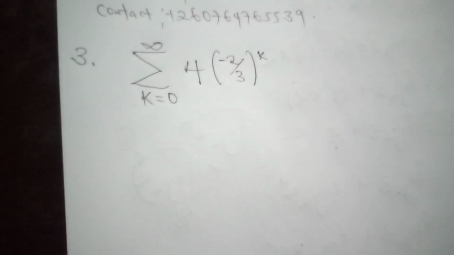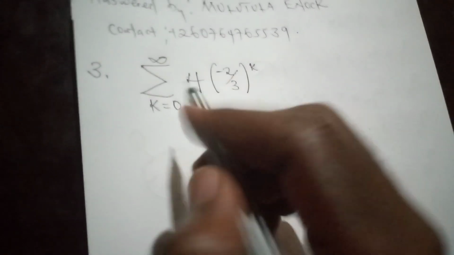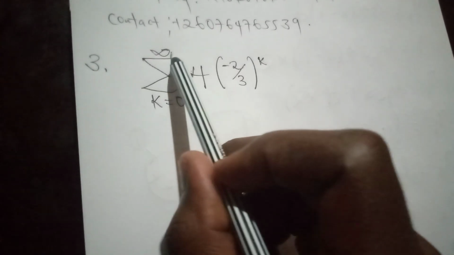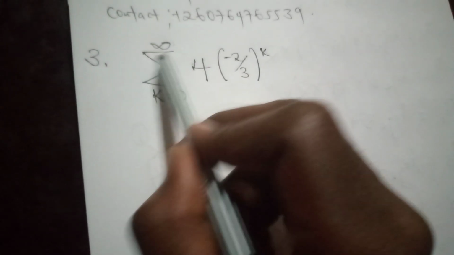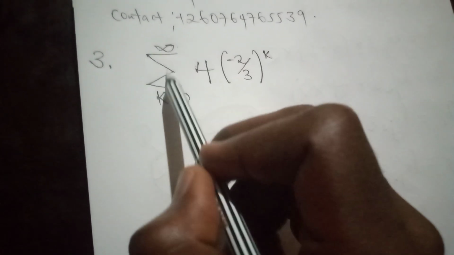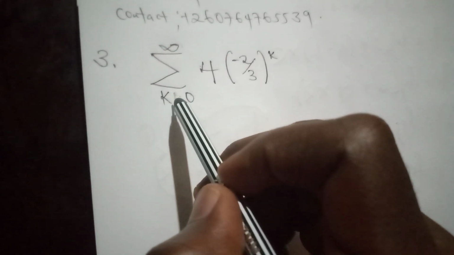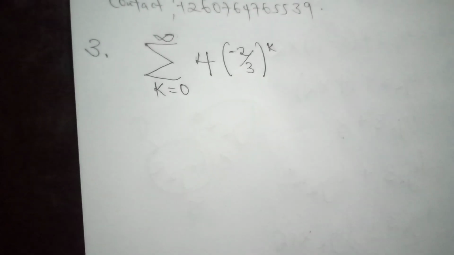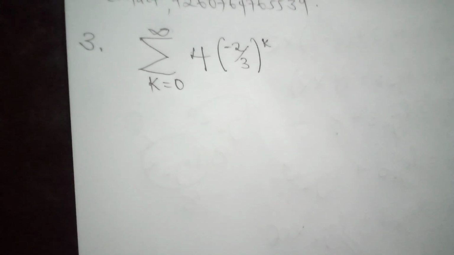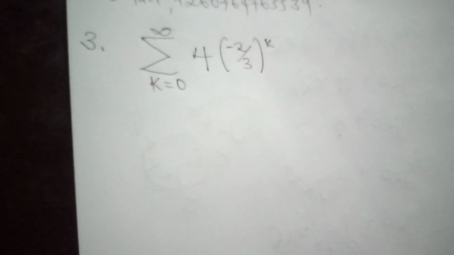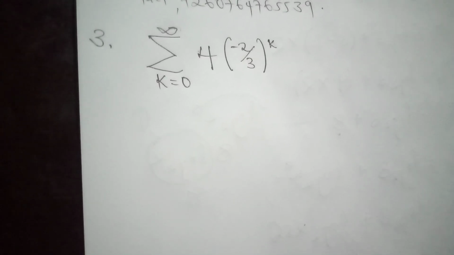So for us to find the sum, since you have the infinite symbol, that means that you are finding the sum to infinity. So now you have to know the common ratio.